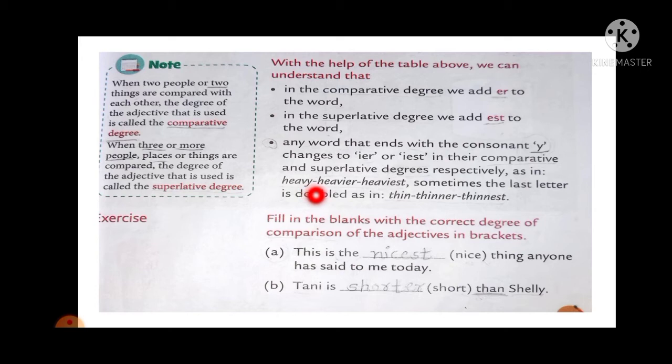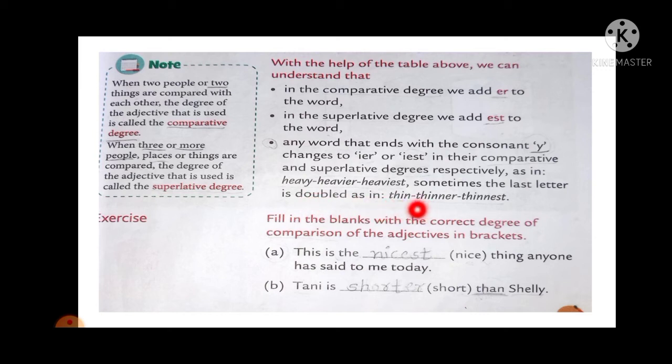Here we have to remove y and put i in place of y, then put er in comparative, and in superlative we also put i instead of y and put est. So heavy, heavier, heaviest.